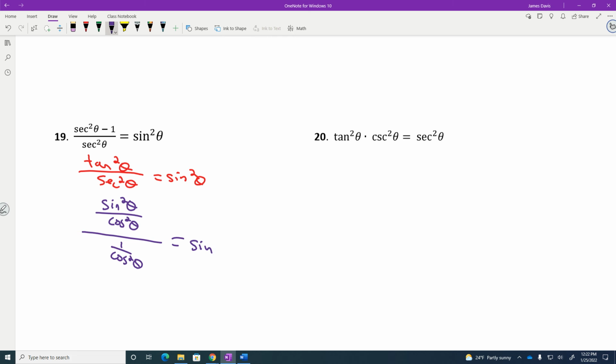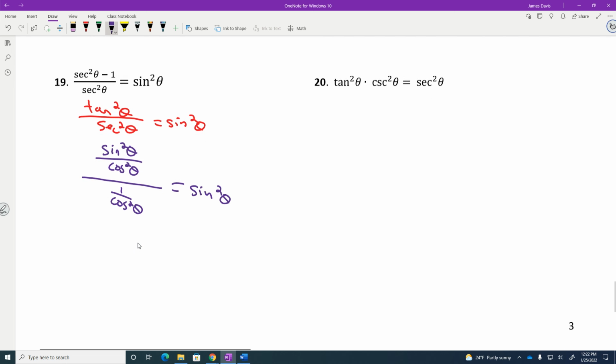Looks kind of nasty. It looks like we made it worse, but we're getting to the right spot now. Remember with these fractions over fractions, you keep, change, flip. So we will keep the top, sine squared over cosine squared. Change the division to multiplication and flip, so it becomes cosine squared over 1.